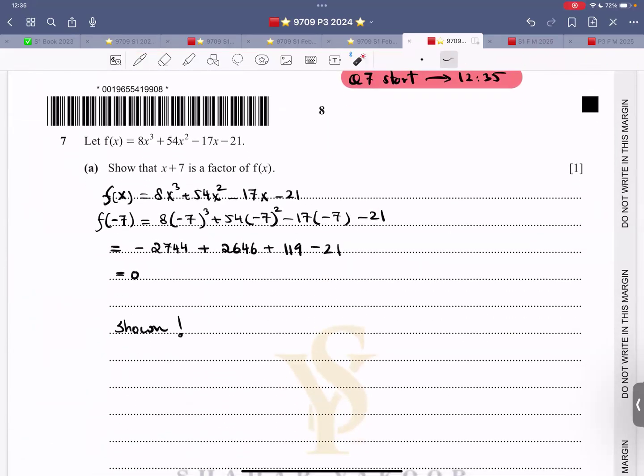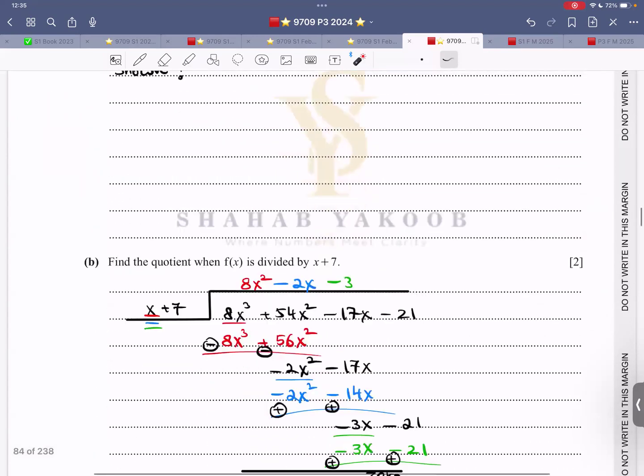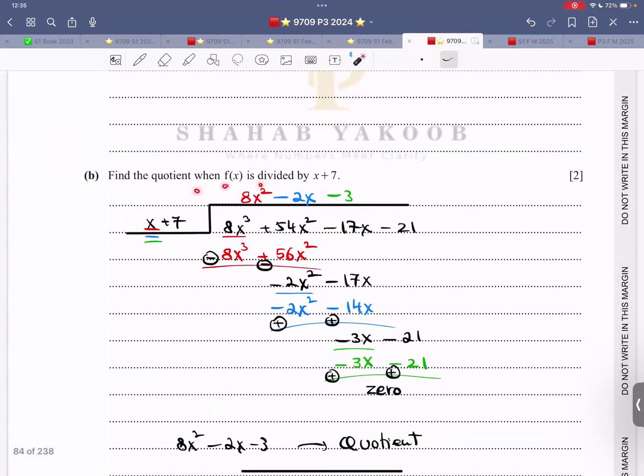What is this thing? It says this is a cubic equation. Show that x plus 7 is a factor. Plug in -7. Use a calculator. It all adds up to 0. That is shown. Find the quotient when fx is divided by x plus 7. Therefore, make sure that your remainder will be 0 because it's a factor.